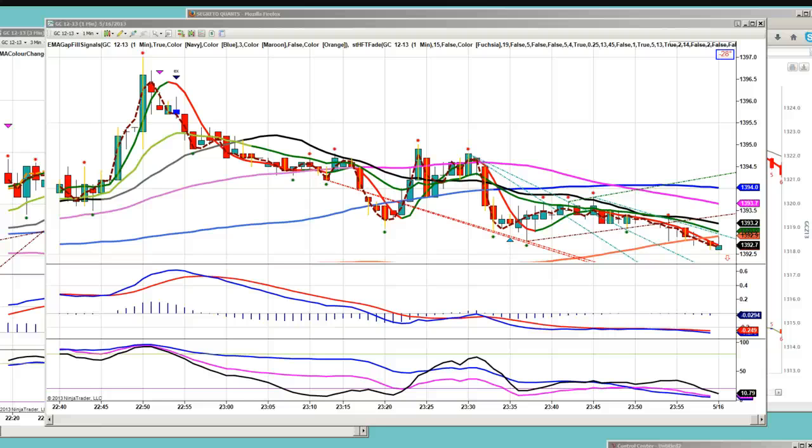The screen's going to change, but it's just because I'm trying to find something. This is so annoying. Hold on, bear with me one second here.